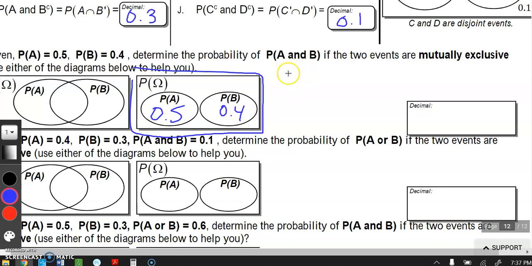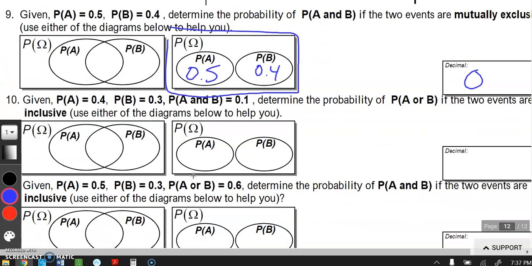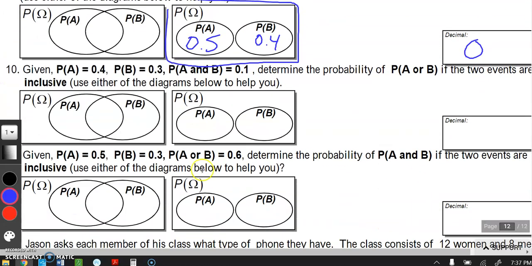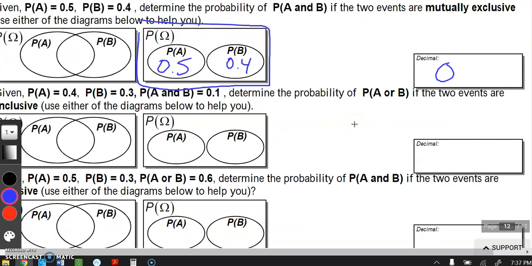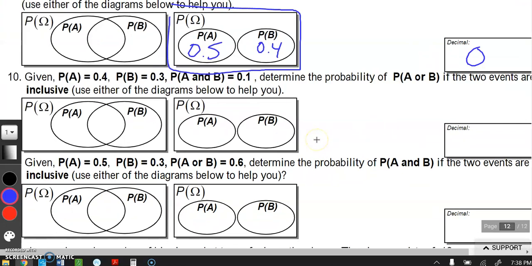So the probability of them both happening together, they're not overlapping. So the probability is 0. So the probability of any mutually exclusive things happening at the same time is 0. They can't. They cannot happen. The probability of you born in July and August is 0. Can't be born in 2 months.